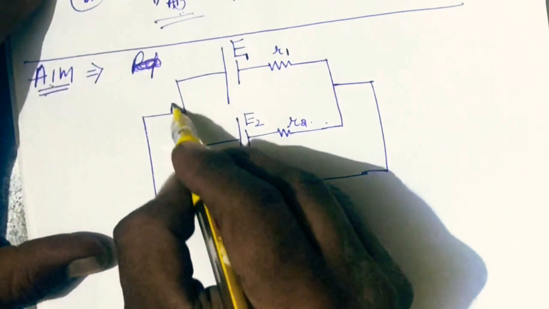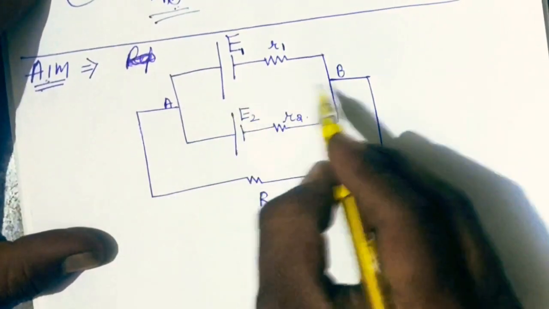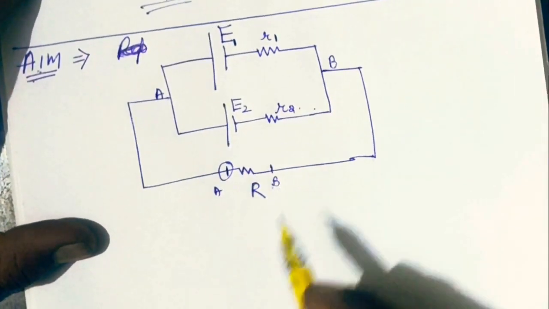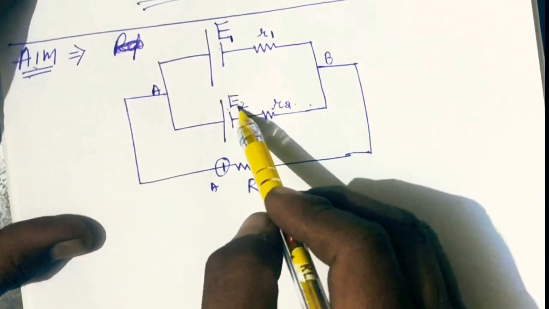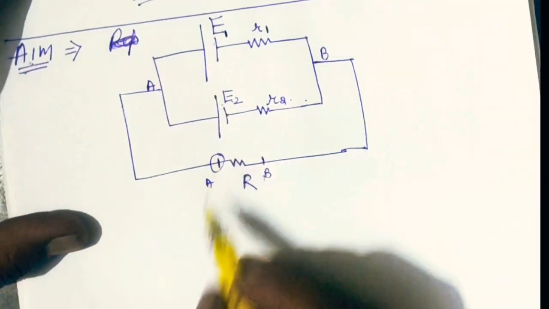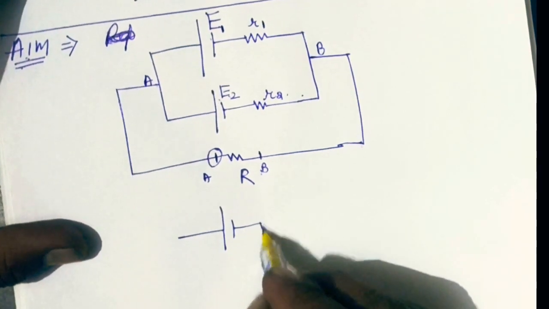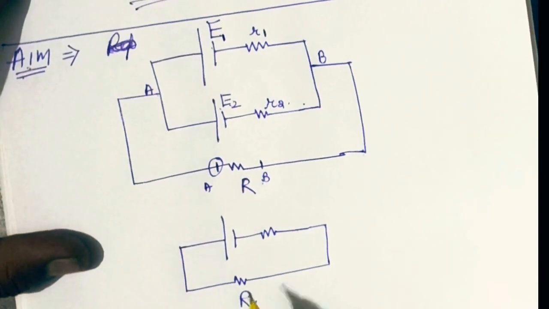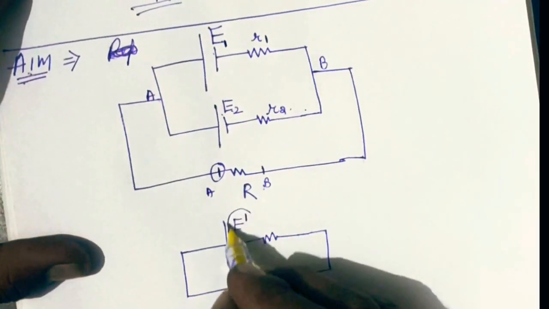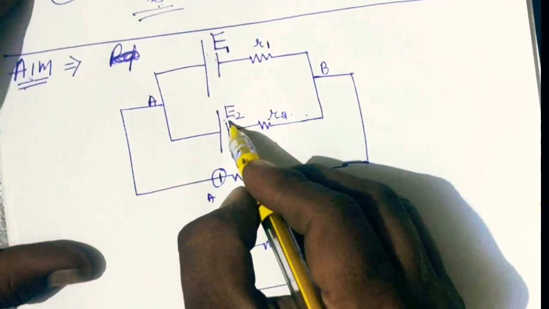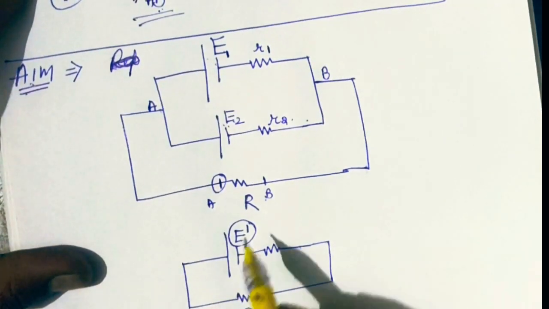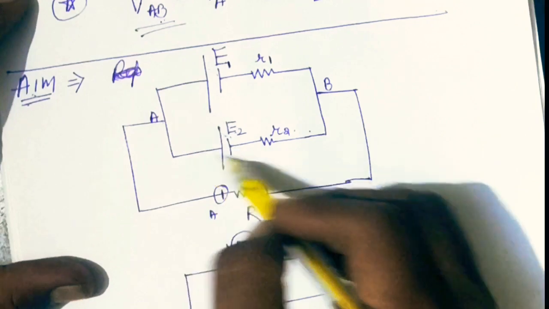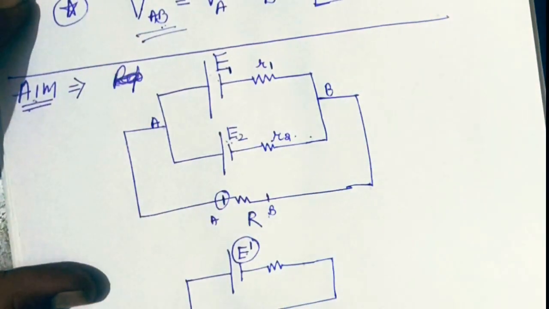Now I can call this point A, this point B. So I can say that the external resistance is connected between the points A and B. I want to replace these two cells by a single cell. By a single cell, I mean that if I connect a single cell to the same external resistance, then I will call its EMF the equivalent of these two cells only if this cell alone does the work which these two cells are doing in combination.